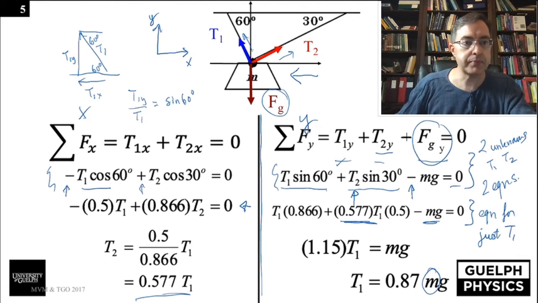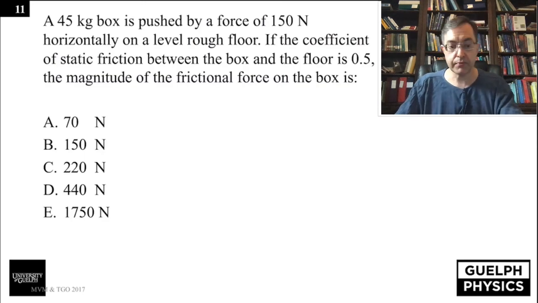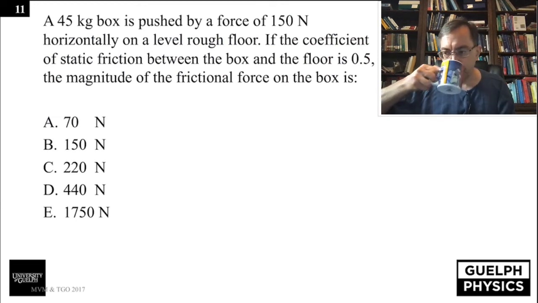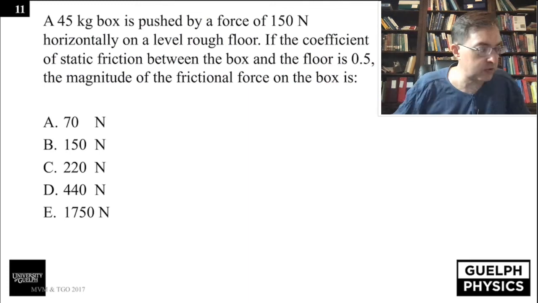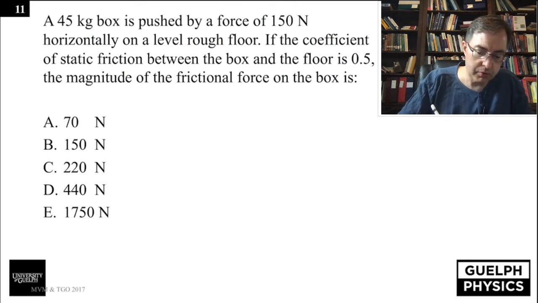So the next question we'll do is a little bit more tricky, and it involves some friction. A 45 kilogram box is pushed by a force of 150 newtons horizontally on a level rough floor. So we'll draw a free body diagram of that.